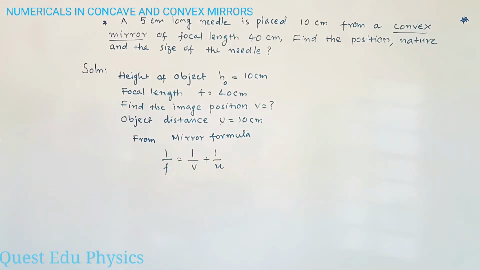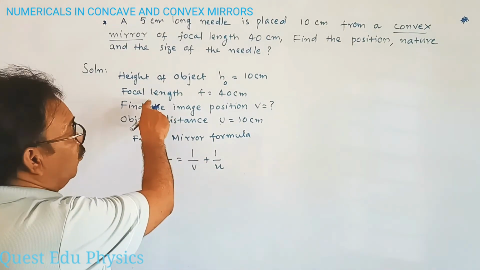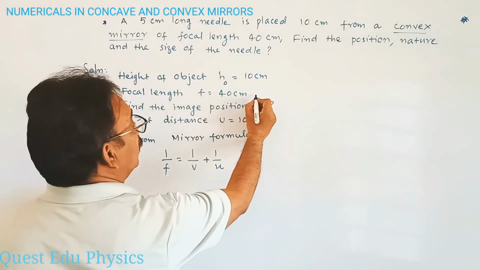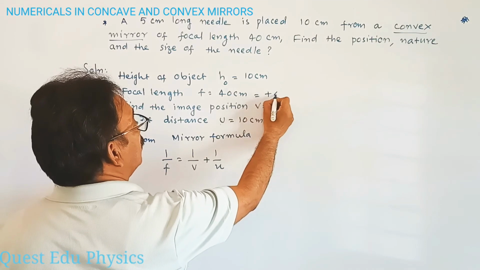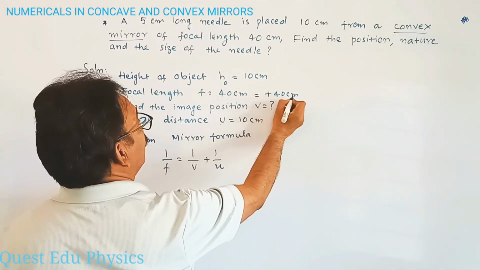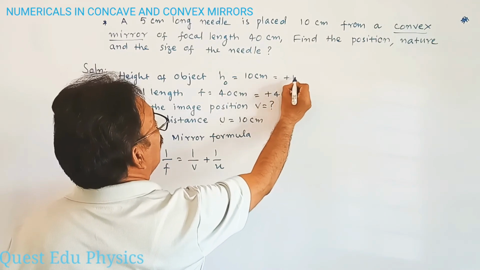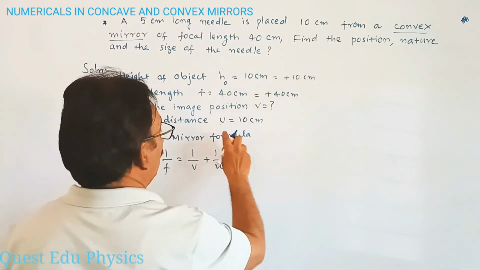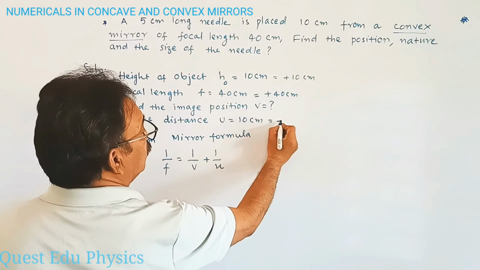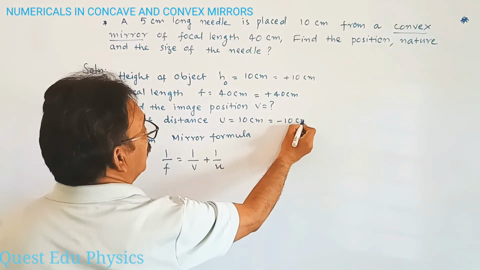Here we are using the sign convention, students. The focal length of the convex is positive, that is, it is plus 40 centimeter. The height in front of it is obviously plus 10 centimeter. Object distance U is equal to minus 10 centimeter, students.